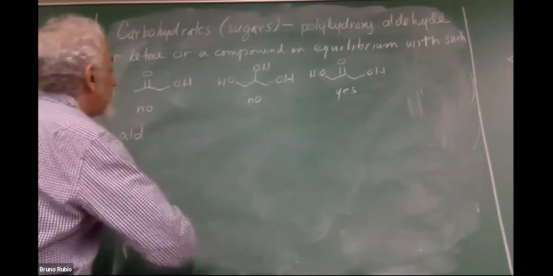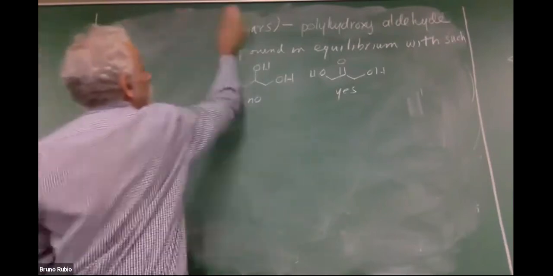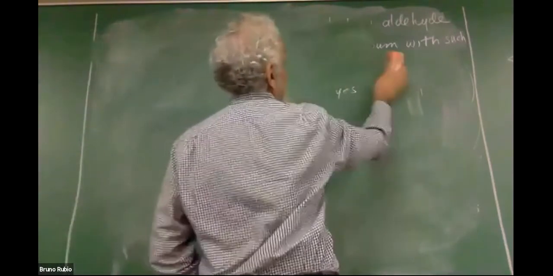So we're going to erase all of this. I'm going to start again with the stuff that I would like for you to know about. I'm talking about carbohydrate vocabulary.